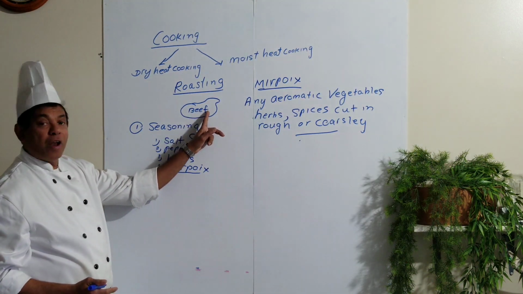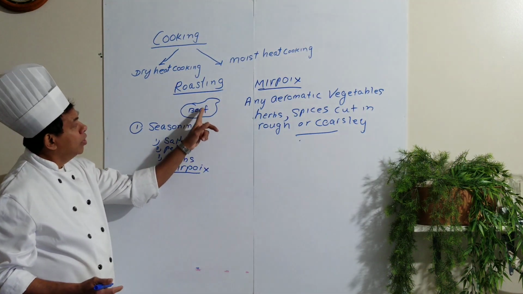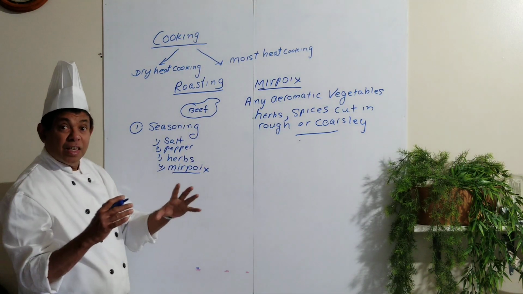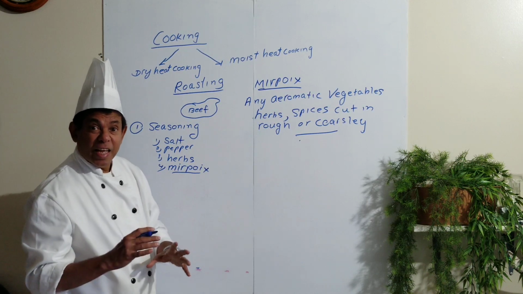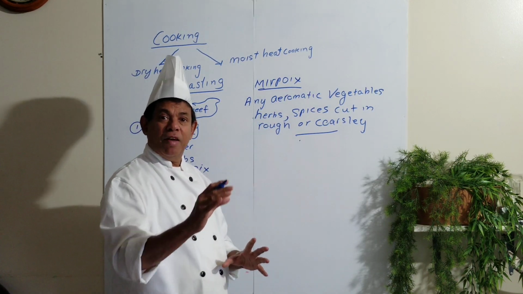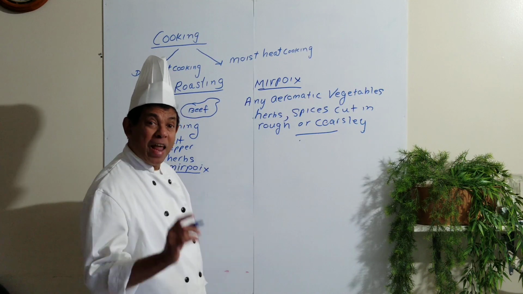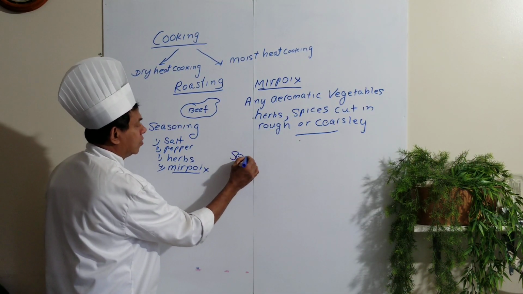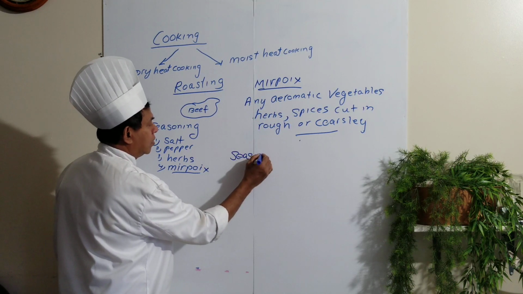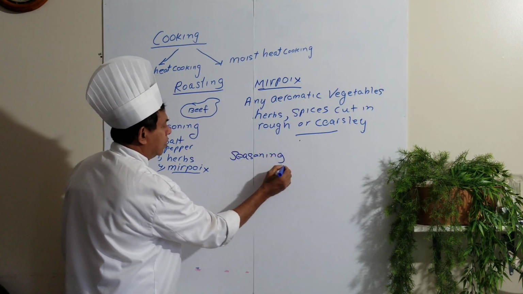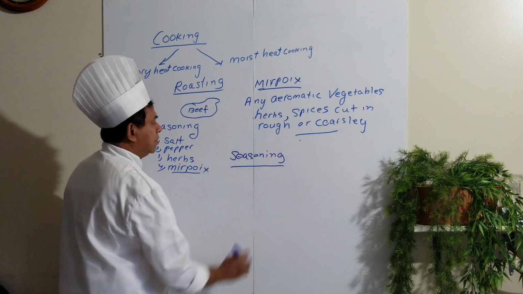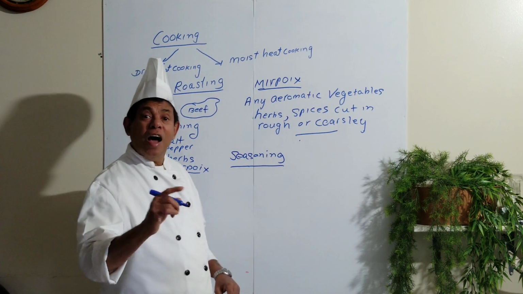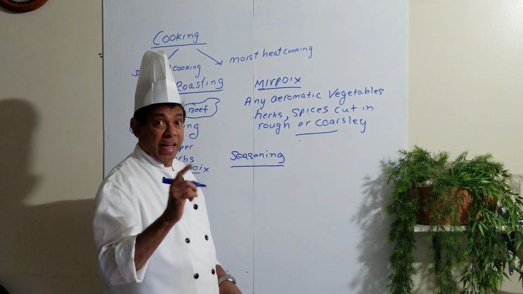So this is the beef, for example. Beef could be seasoned with these things just as a flavor increment, to increase the flavor. But flavoring, seasoning means enhancing flavor only.